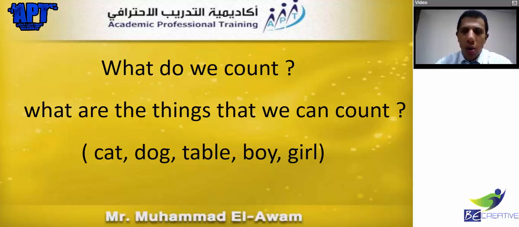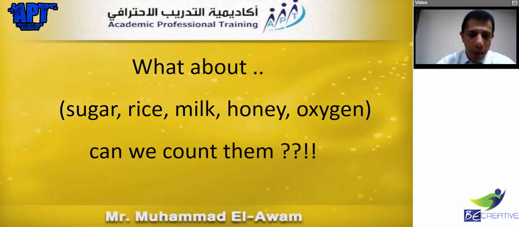There are 2 tables in our house. There is 1 table or there are 2 tables. Or there are 3 boys in my class and 1 girl or 2 girls. So these are things that we can count.